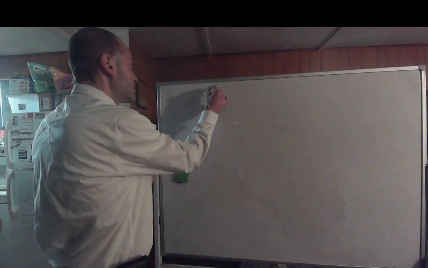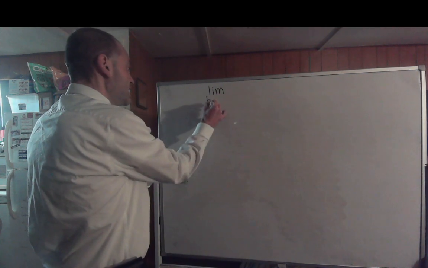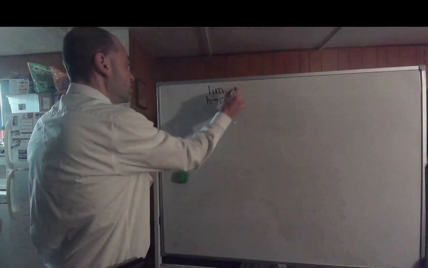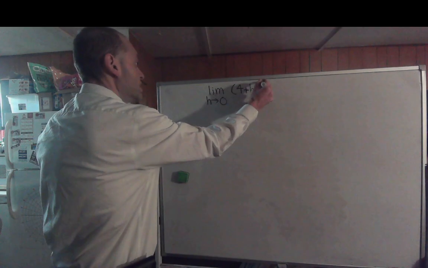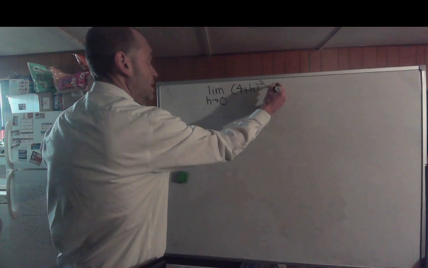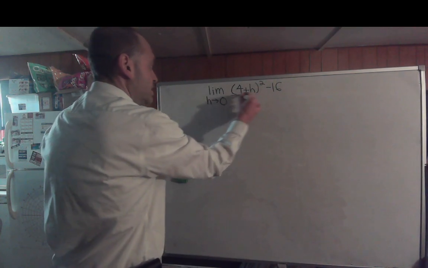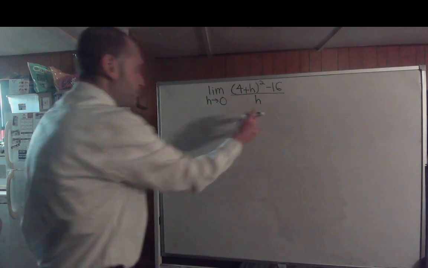So let's see here. I have the limit as h approaches 0 of (4 plus h) quantity squared minus 16, divided by h.